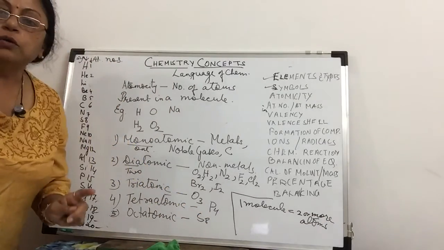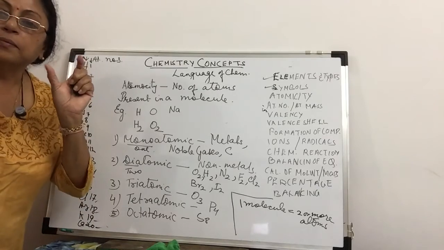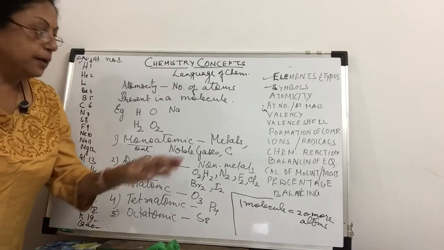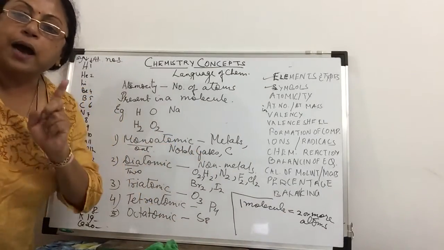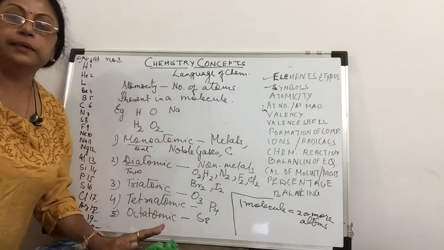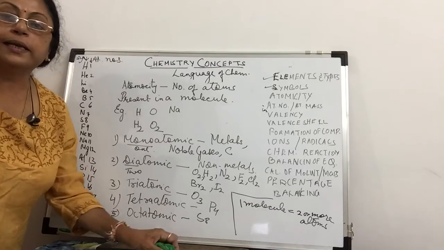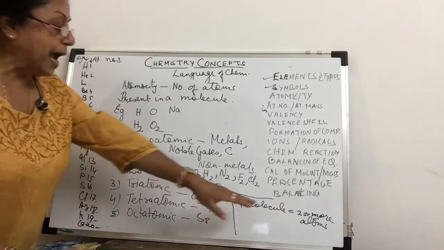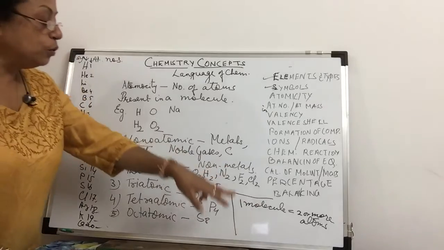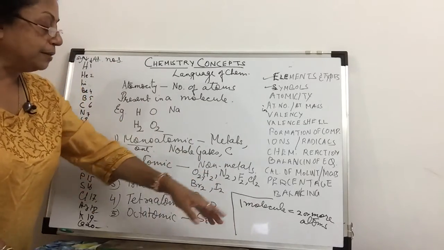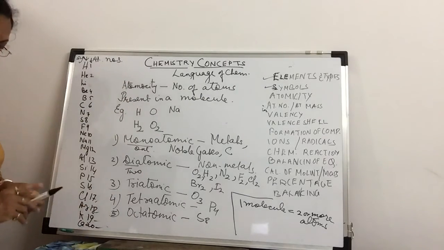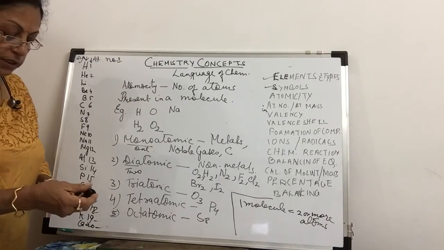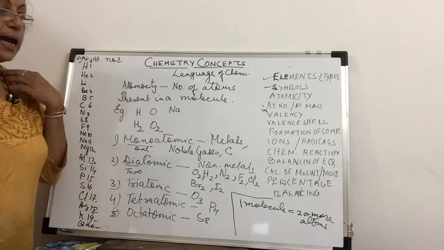A molecule is formed by 2 or more atoms. It cannot be one atom. One atom is one atom; it is not a molecule. When it comes to 2 atoms or more than 2 atoms, then only one molecule is formed.